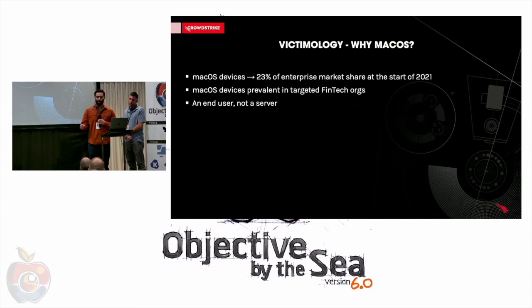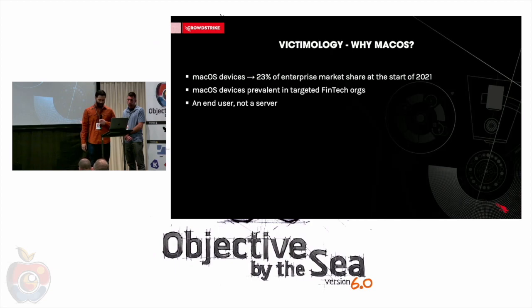I'm sure that number has gone up over time, but I think the primary reason we're seeing this uptick from Labyrinth CHOLLIMA in particular is the fact that a lot of these crypto organizations that they're targeting so heavily are primarily Mac OS fleets. These are newer companies. A lot of them are startups or were considered startups not long ago at all. They don't have 30 years of legacy infrastructure baggage that they are taking care of. They're primarily Mac OS and then the cloud. And so that's why I think we've seen such an uptick.